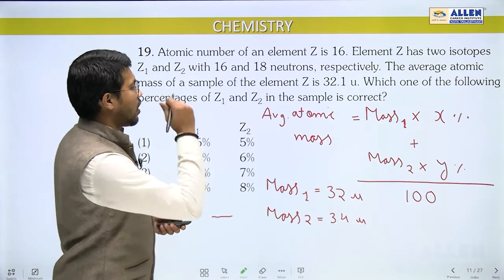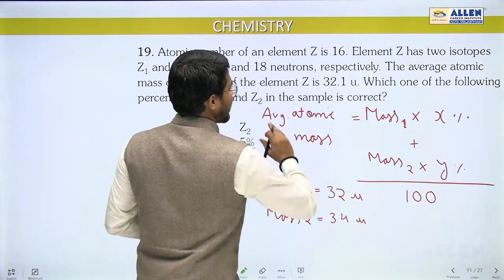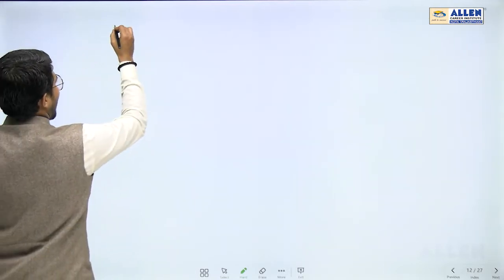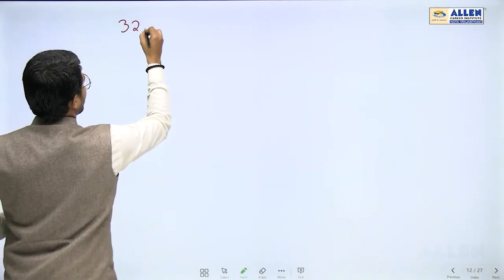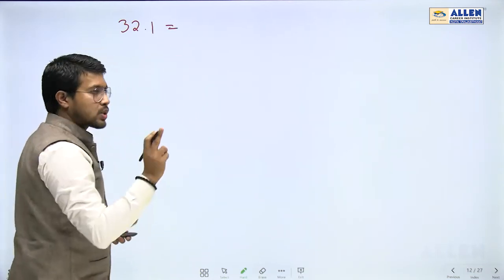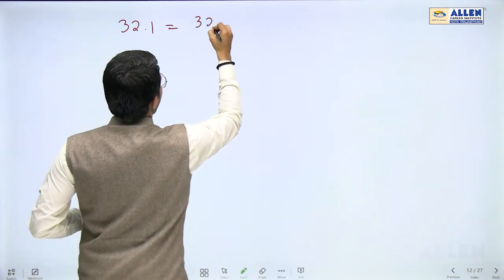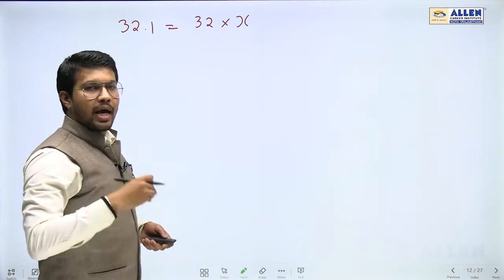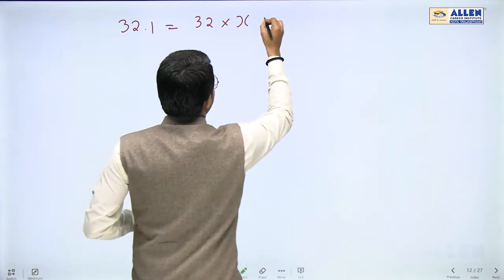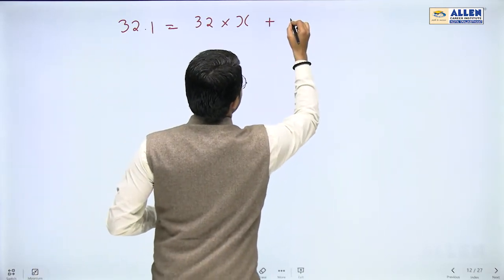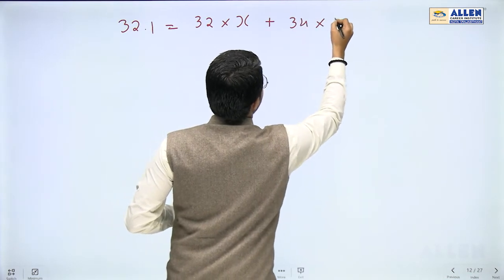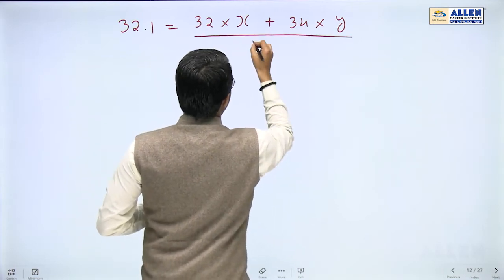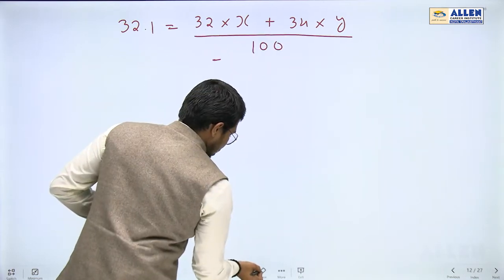Okay, so we'll solve this, and we know that the average atomic mass given to us is 32.1. Mass 1 is 32, present in X percentage, and the mass of the other isotope is 34, present in Y percentage, whole divided by 100.